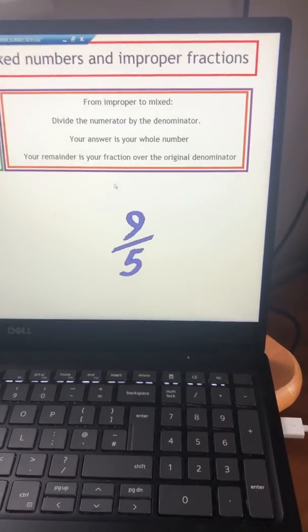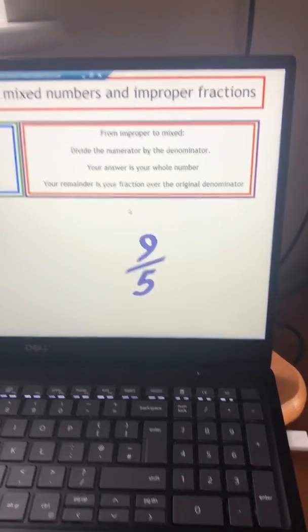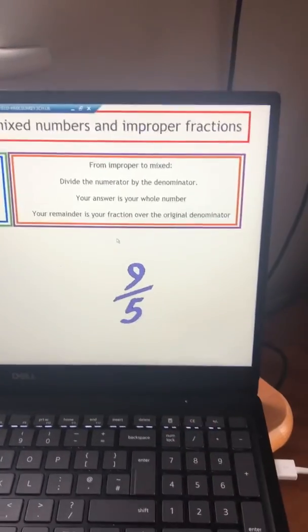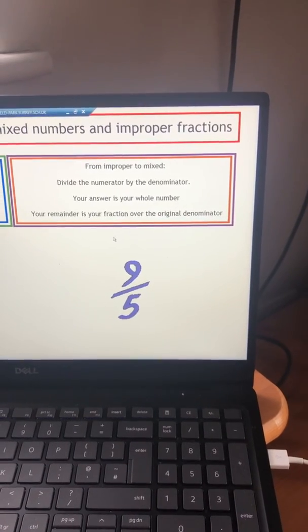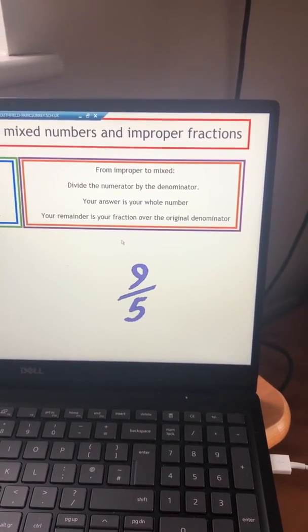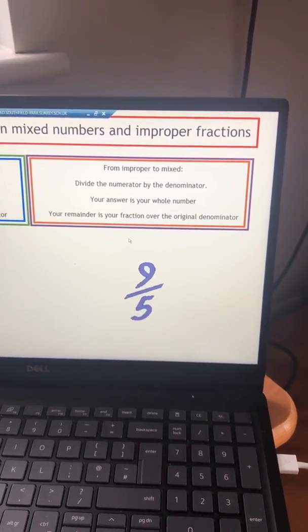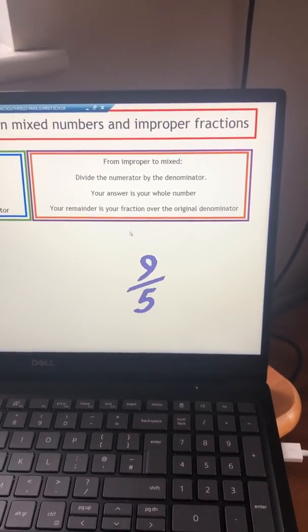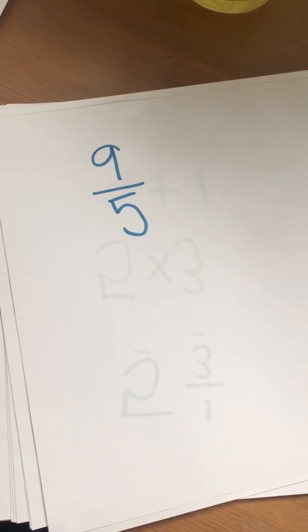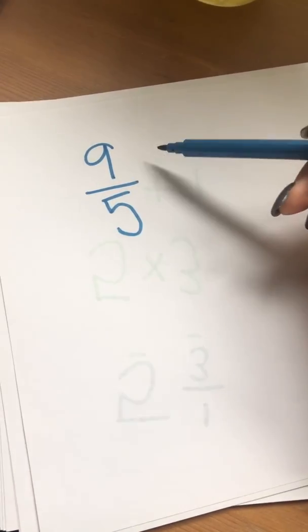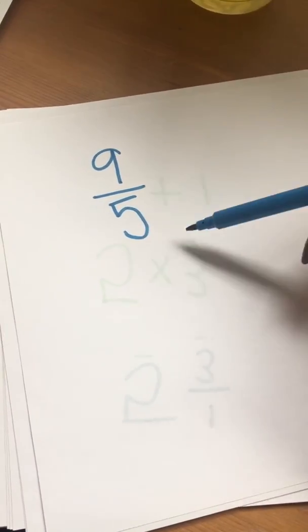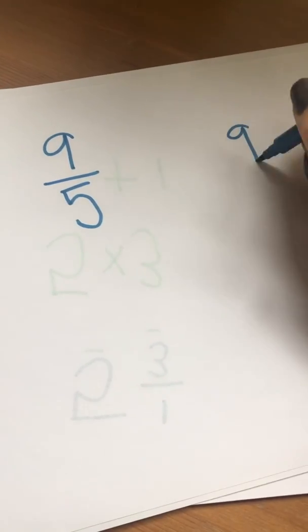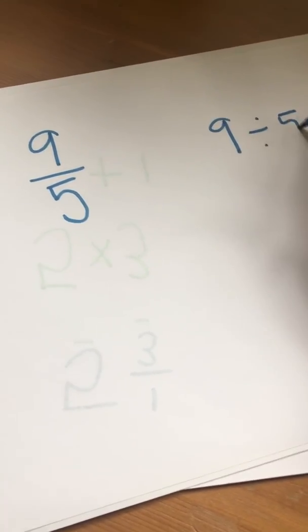Now if I want to convert from an improper fraction, so when the numerator is bigger than the denominator, I need to divide the numerator by the denominator. So your answer is going to be the whole number. Let's look at this one together. So my steps of success told me to divide my numerator by my denominator. It's going to be 9 divided by 5.